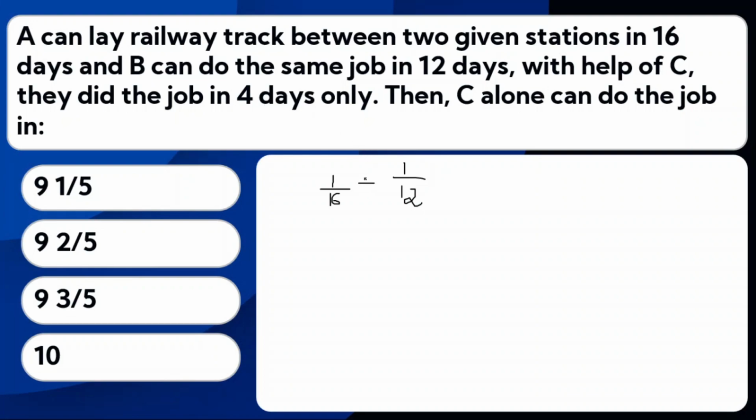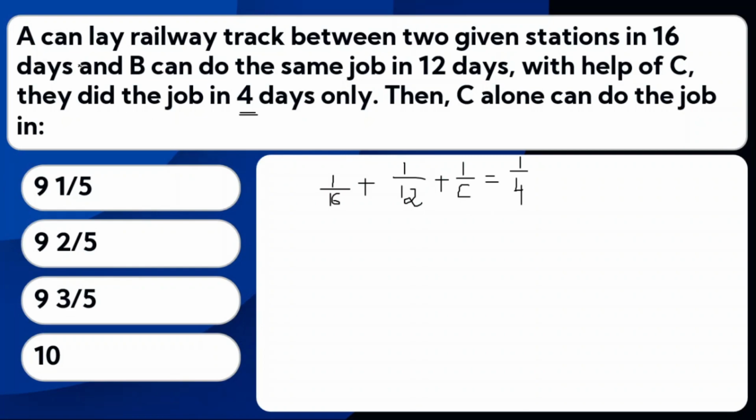So per day A is working 1/16, B is working 1/12, and I am assuming C can do the work in C days, so 1/C per day. All 3 members work together and complete the work in 4 days, so every day they complete 1/4 of the work. So 1/16 plus 1/12 plus 1/C equals 1/4.